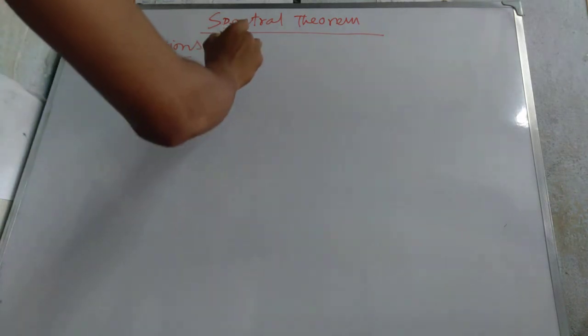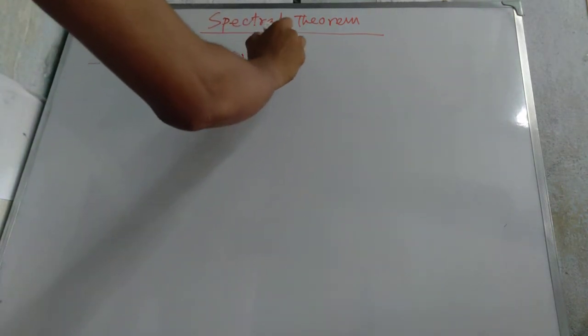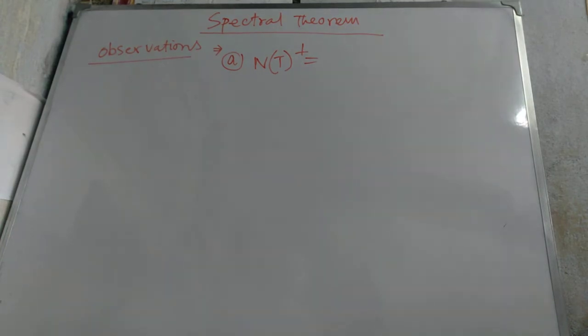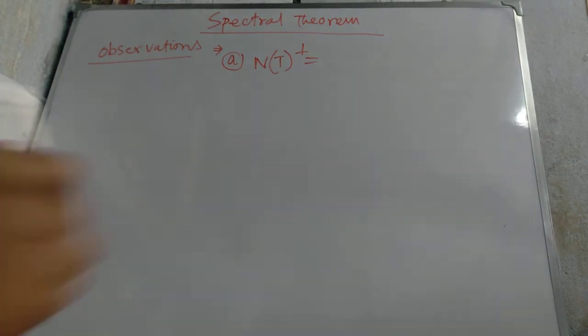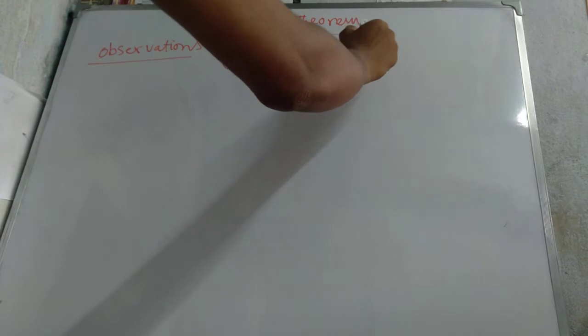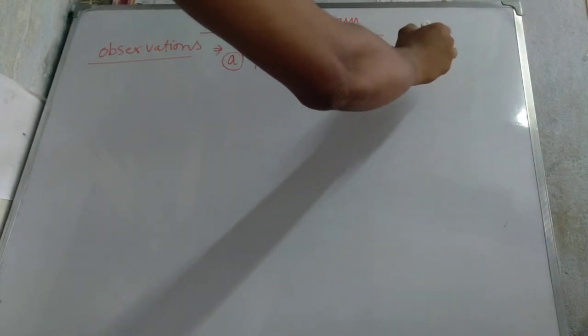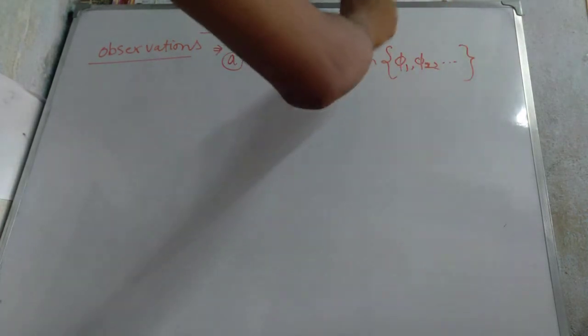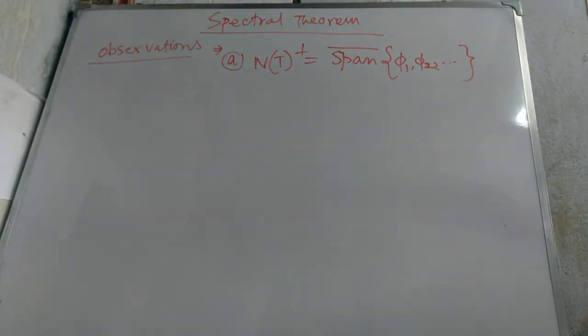So first we talk about N(T) perpendicular. N(T) perpendicular equals the closure of the span of phi 1, phi 2, and so on, where phi 1, phi 2 are the eigenvectors.